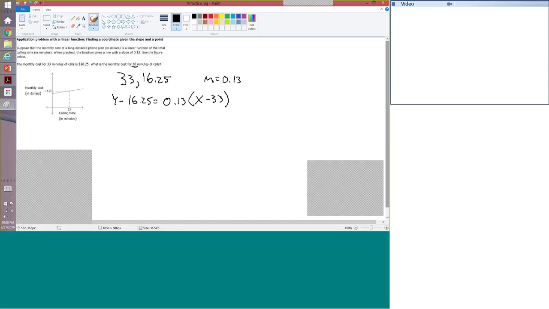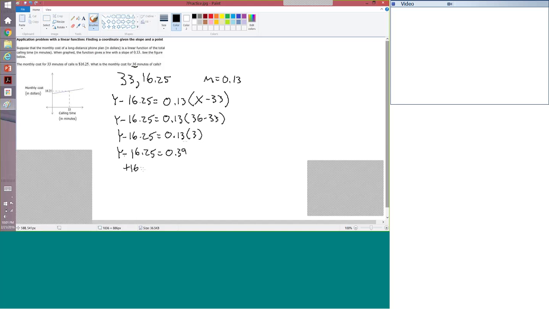So y minus 16.25 is equal to 0.13 times 36 minus 33, or y minus 16.25 is equal to 0.13 times 3. 0.13 times 3 is going to be 0.39.